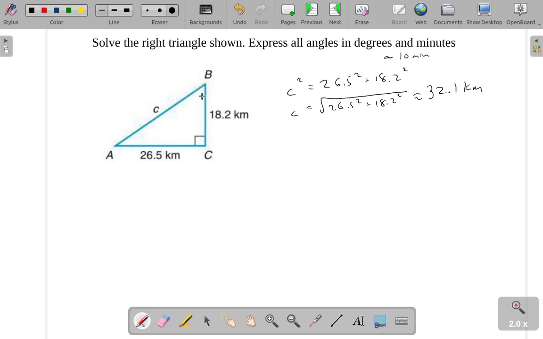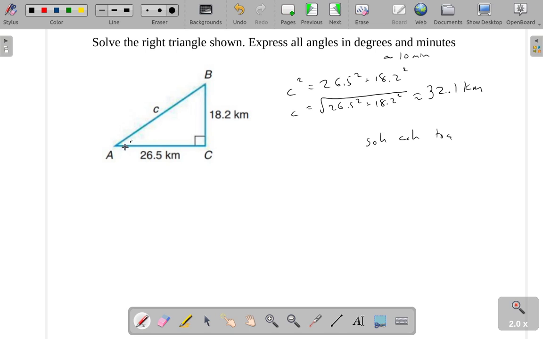I don't have any angles on here other than the 90-degree angle, so my only recourse is to say, okay, if I want to find this angle, the only 2 measurements that I have are these 2. Those are the 2 kinds of measurements that I'm going to need to use. Let me think of SOHCAHTOA here.